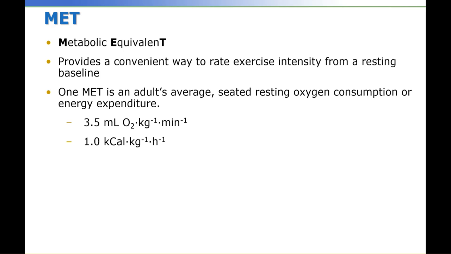Here it talks about a convenient way to rate exercise intensity from a resting baseline. One metabolic equivalent is an adult's average seated resting oxygen consumption or energy expenditure, 3.5 milliliters of oxygen per kilogram per minute, or 1 kilocalorie per kilogram per hour.